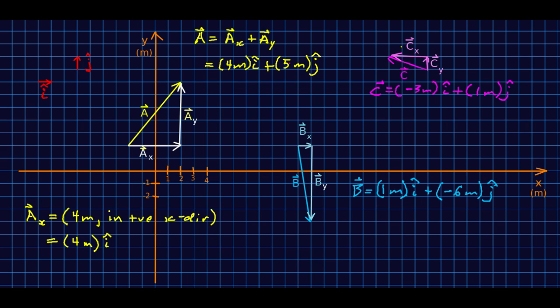And so these things here, these factors that are before the unit vectors. This is the size of AX, so I'm going to call it ax with no vector symbol. And this is ay with no vector symbol. So these are scalars. They are the magnitudes of the component vectors.